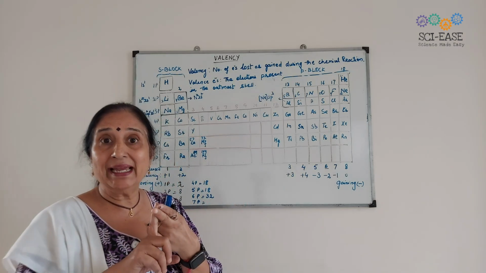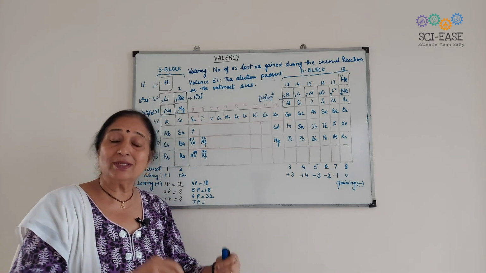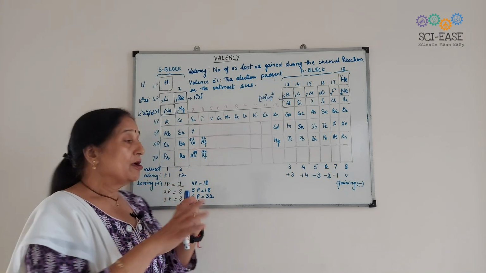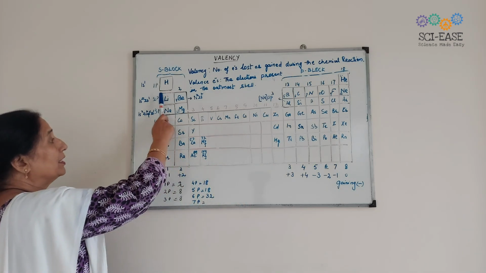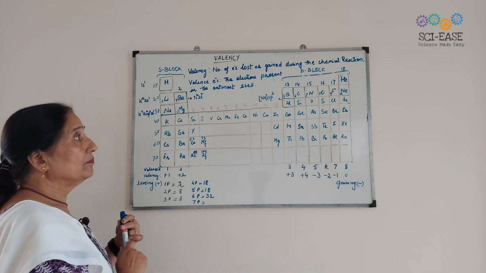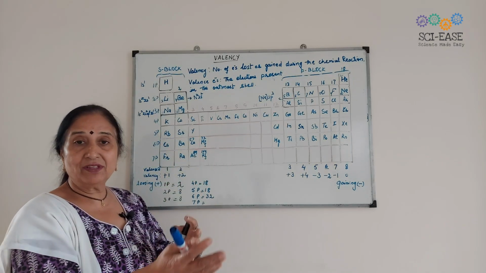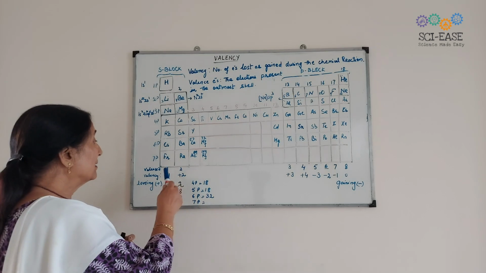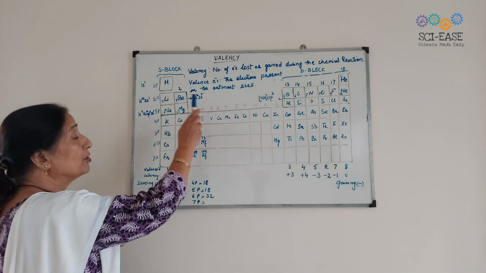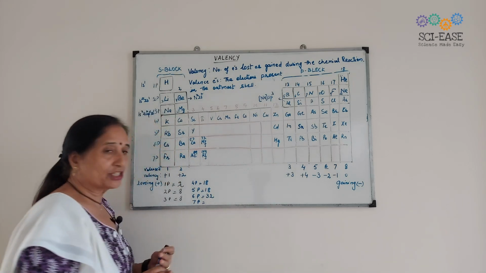So, two things I have told you about the valence electrons and about the valency. Valence electrons, that will be according to the group number. You can say that they have this much valence electrons, but what is valency? That is the number of electrons lost or gained during the chemical reaction.